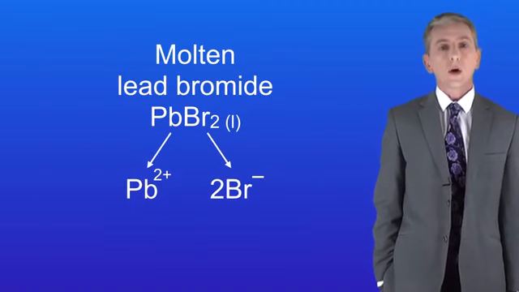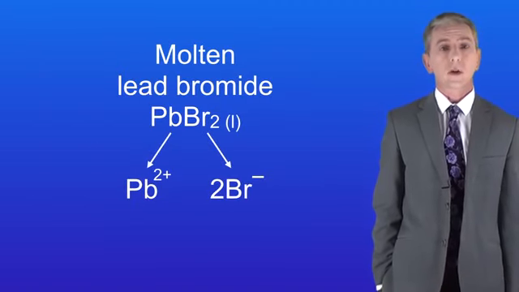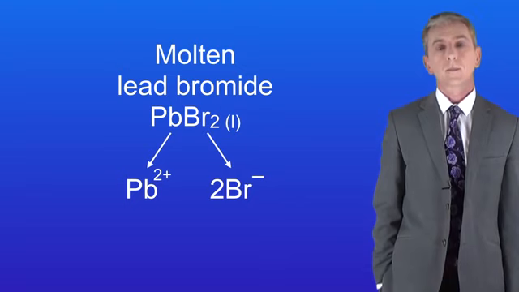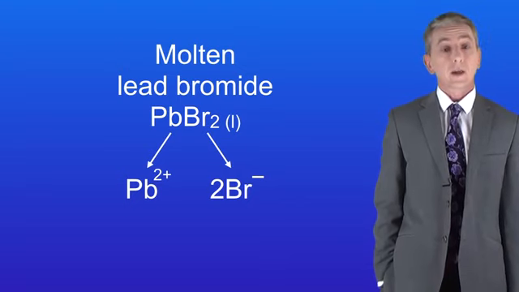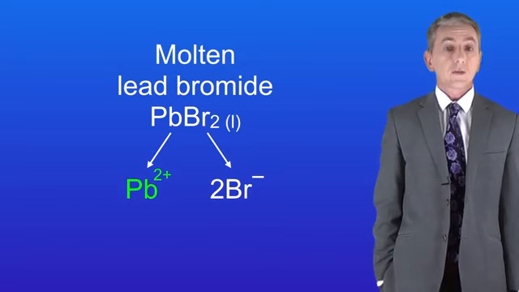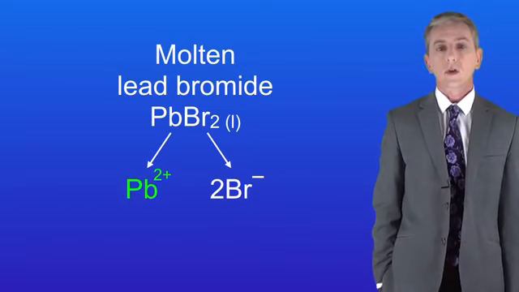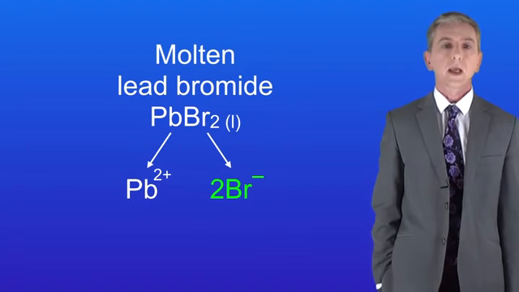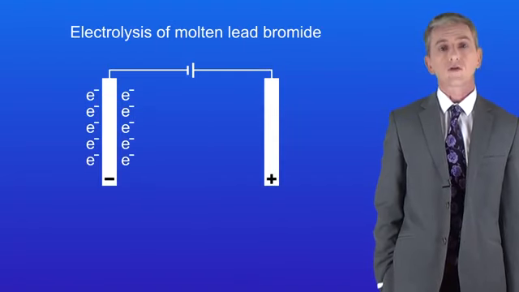So we're going to look now at what happens when we carry out electrolysis on a molten ionic compound such as lead bromide. Remember that the word molten means melted. So lead bromide contains 2 ions, the positive lead ion Pb2+ and the negative bromide ion Br-. In electrolysis, we've got 2 electrodes.